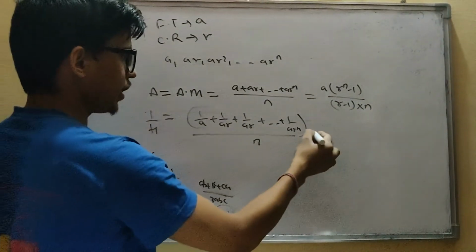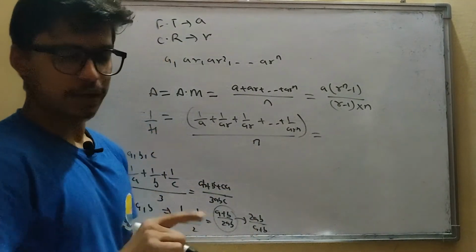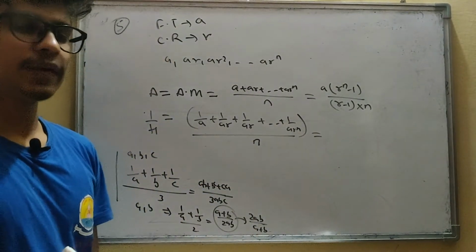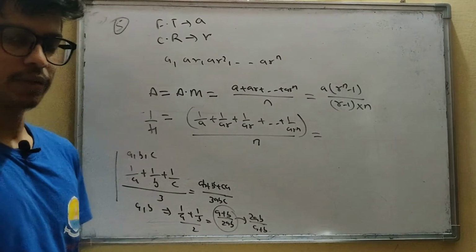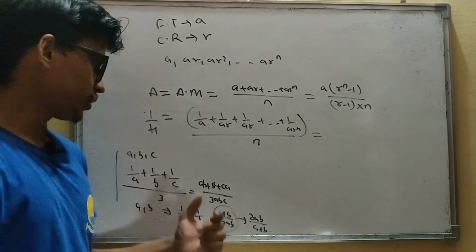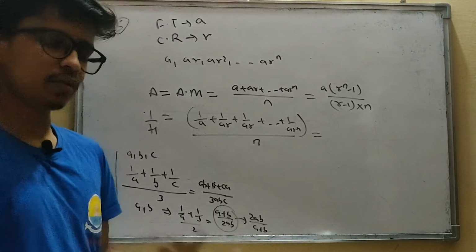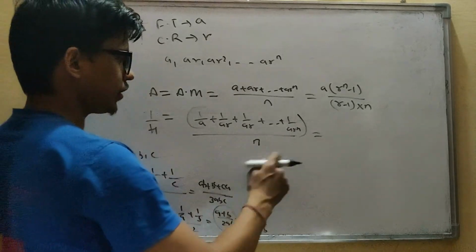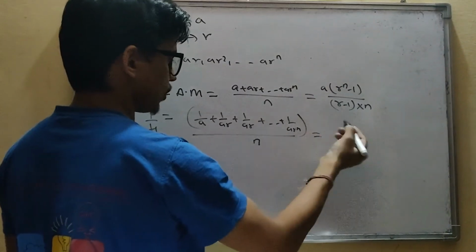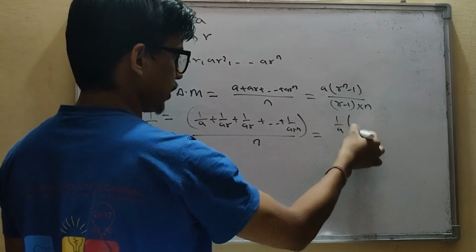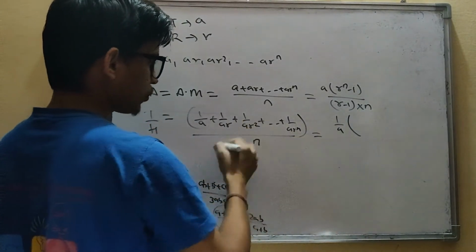And for this case, by taking the reciprocal of each term of a geometric series, the resulting series is also in GP. So what you can do is, you can just sum them. The first term is 1 upon a. You will find that the common ratio is 1 upon r.